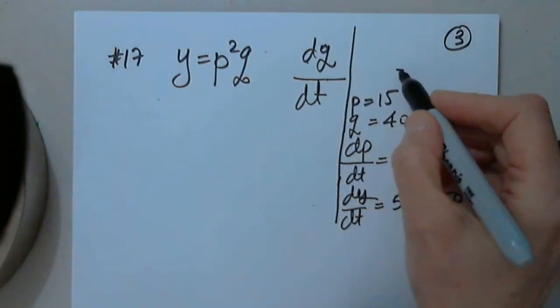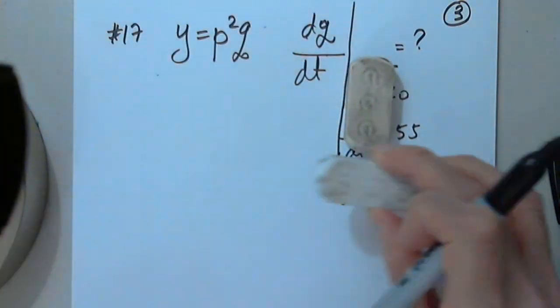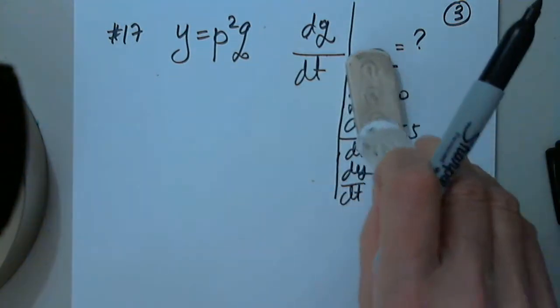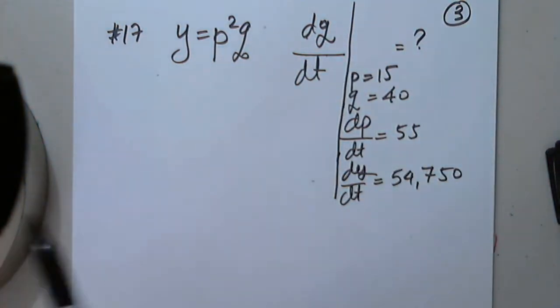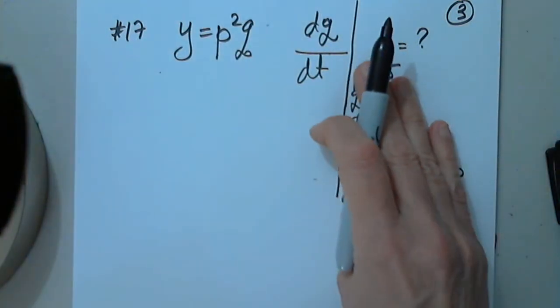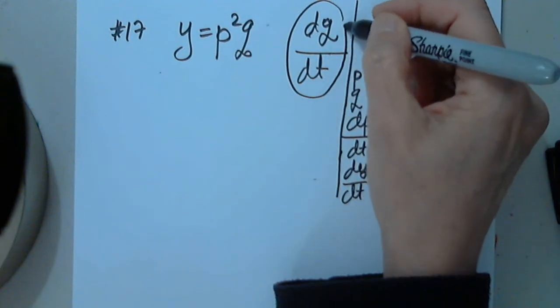And this is our question. All this means nothing. I have to find that first, and then I can plug in all this. This doesn't mean anything at this point. Do not touch this. First, we have to find dq over dt.